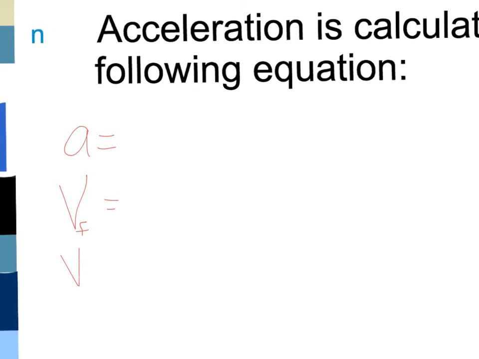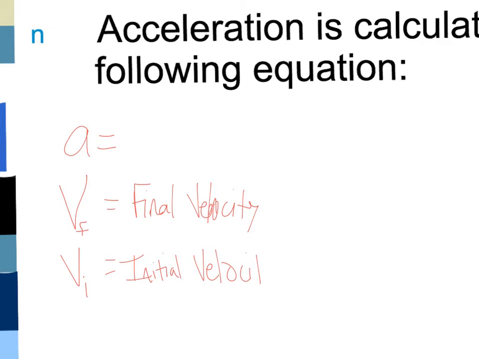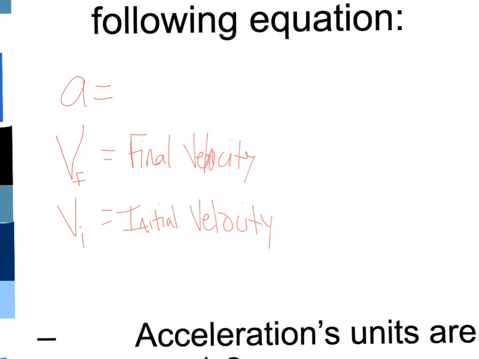The V with subscript F means the final velocity, so how fast it's going at the end. The V with subscript I is the initial velocity, how fast it's going at the beginning.